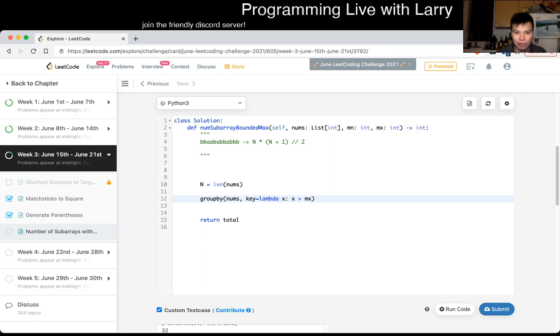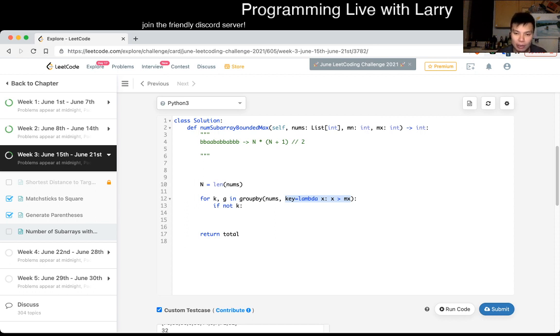So what does this return? This is for key and a group in this. If key is false, so if not this... what is the key? It takes this function and then groups adjacent elements together by that key.